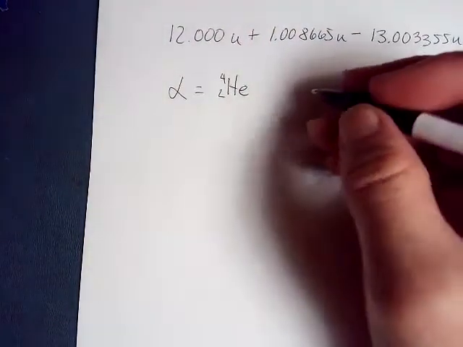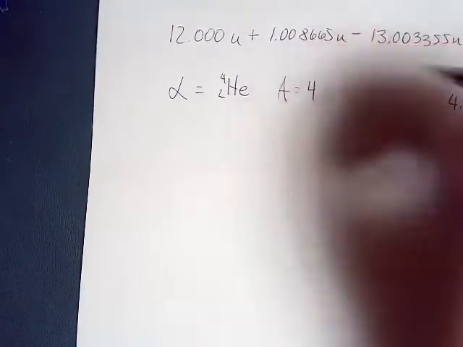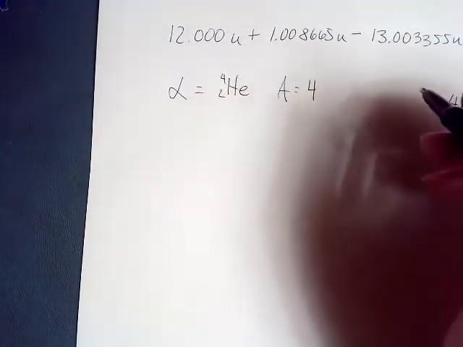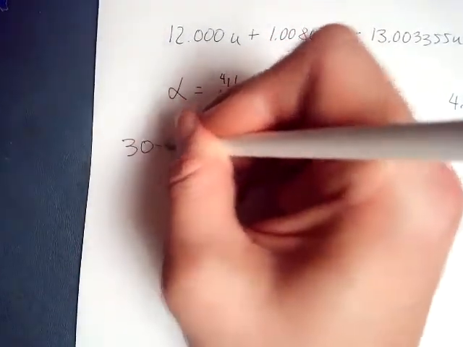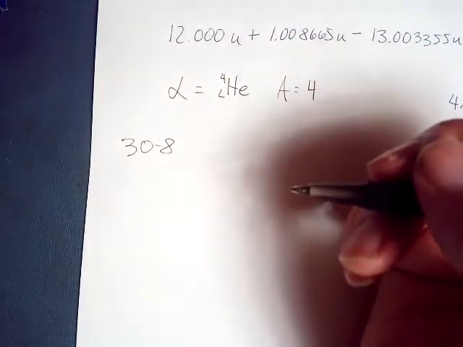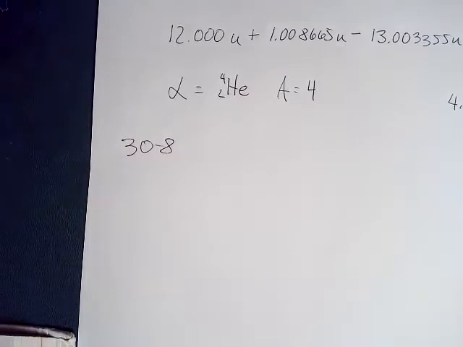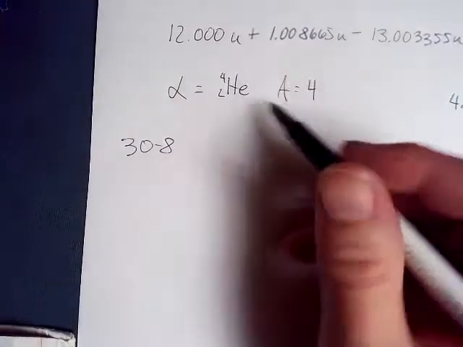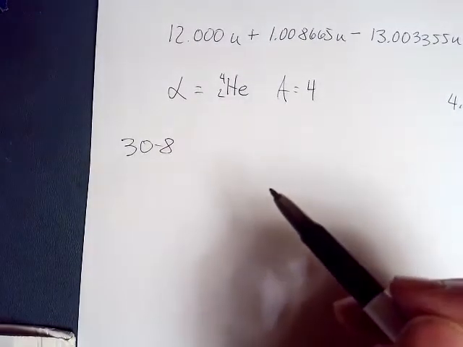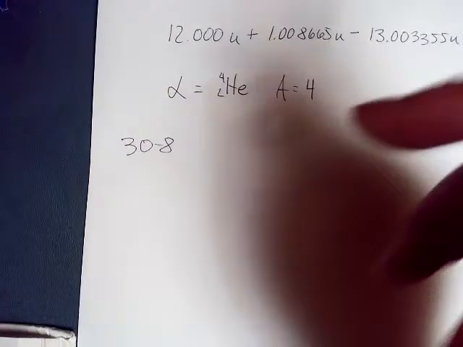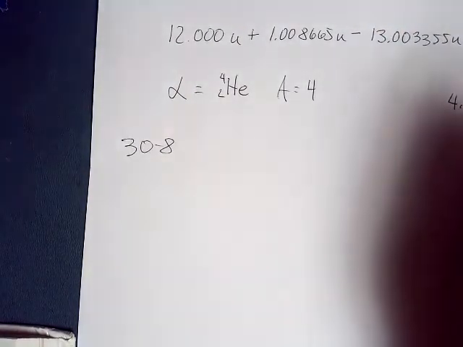So A is 4, 2 protons and 2 neutrons. Now, this is going to seem similar, but we're getting into the types of decay. Alpha decay, that's the helium. Beta decay is when you lose an electron.